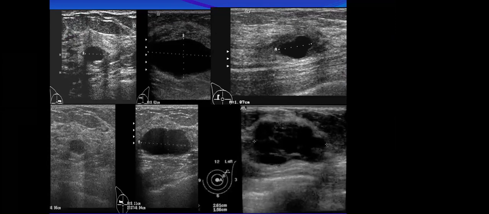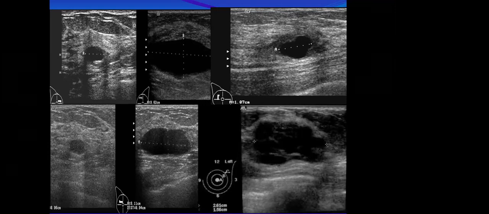Multiple cysts where? This is the upper outer right breast. Most likely the largest cyst corresponds to the site of the palpable abnormality.